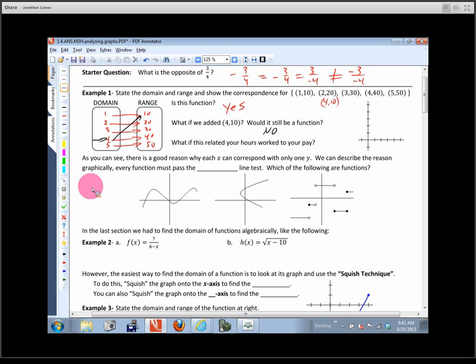So we can actually see that there's a problem here if we graph this. If I were to put these points over here, let's say this is in ones, and this is in tens. And if I put these points on here, I get a graph that looks something like this. So the more you work, the more hours, the more you get paid.